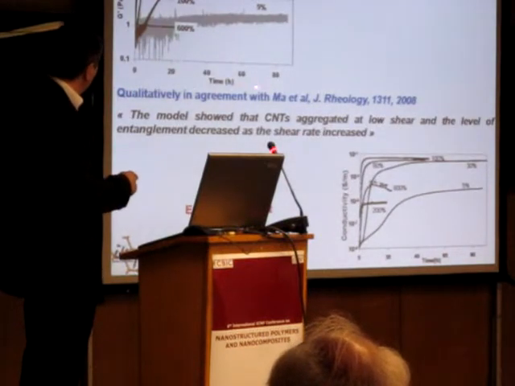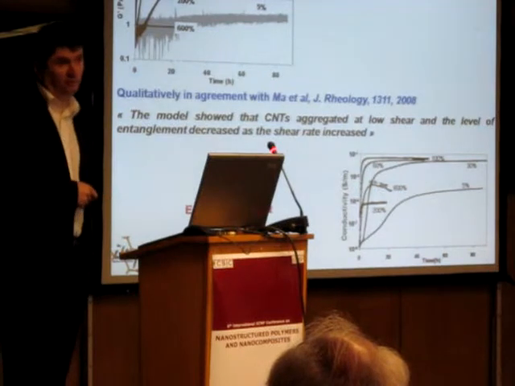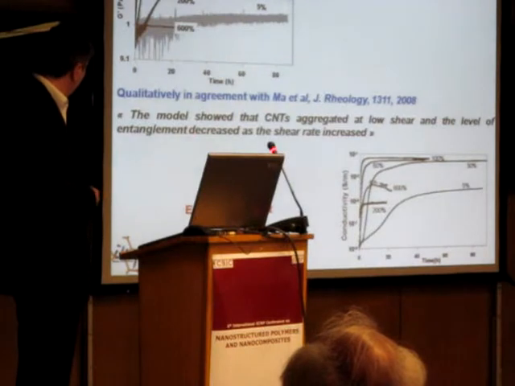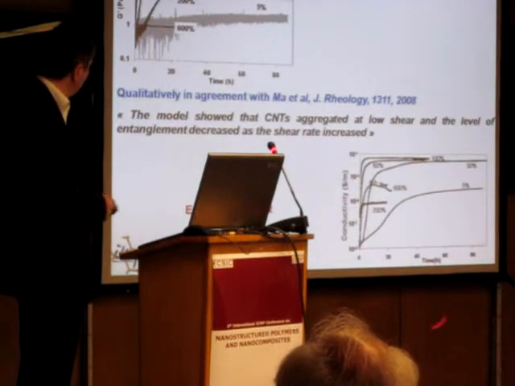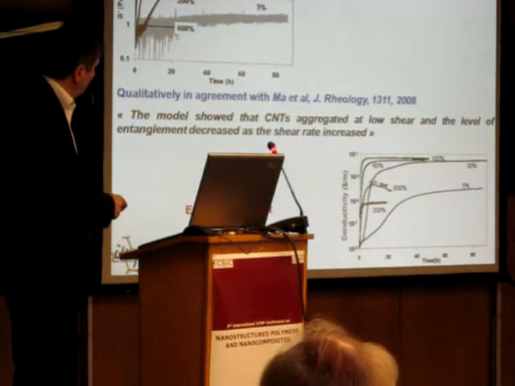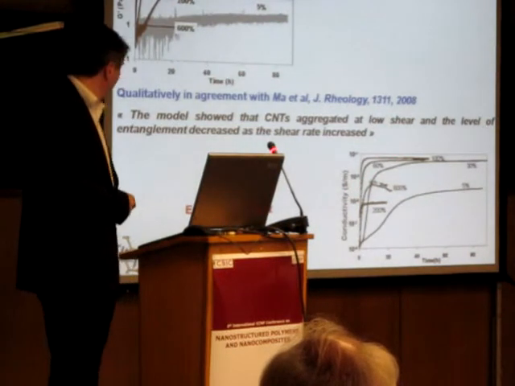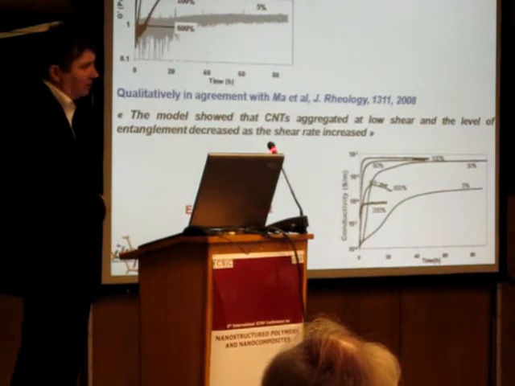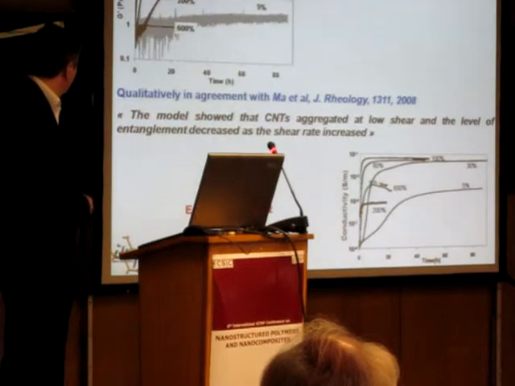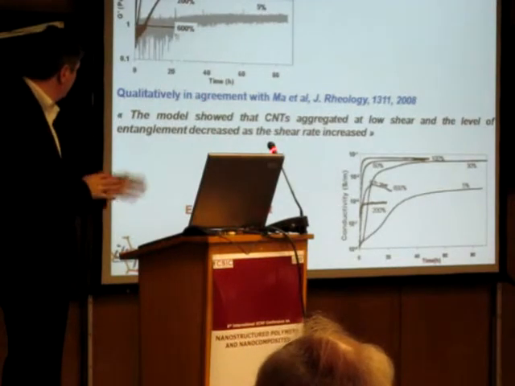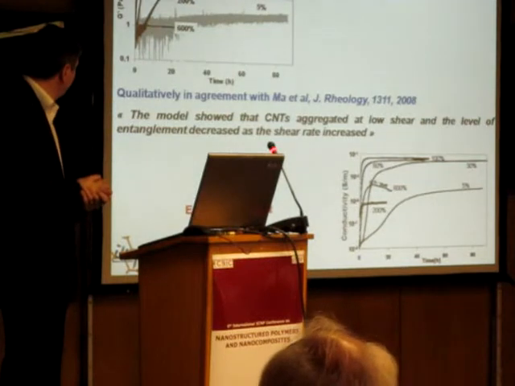And the time scale of aggregation depends on the deformation that you apply when you are doing your experiment. You have the same observation for the conductivity. But for the conductivity, we have some experimental limit for deformation higher than 200%.